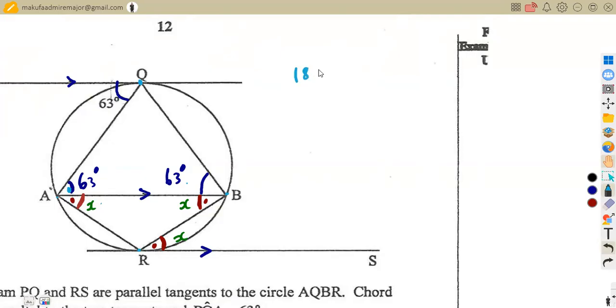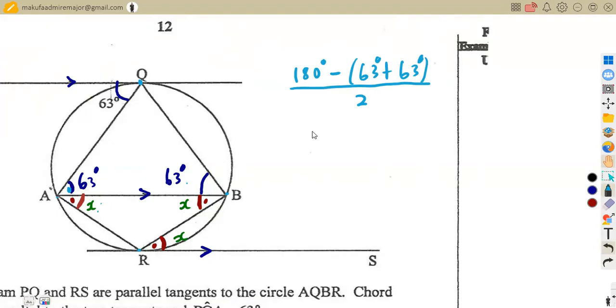We're simply going to subtract 63 plus 63 degrees from 180, because they are supposed to add up to 180. Then we divide by 2. The reason for dividing by 2 is that the two angles that are remaining are equal. That is the idea there. So what are we going to have at the end?